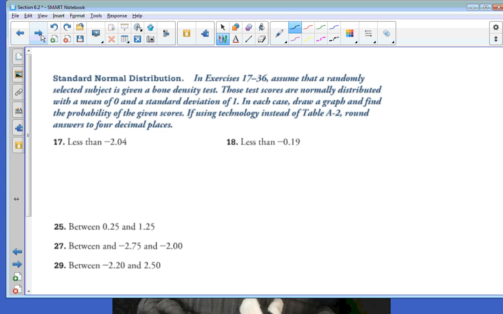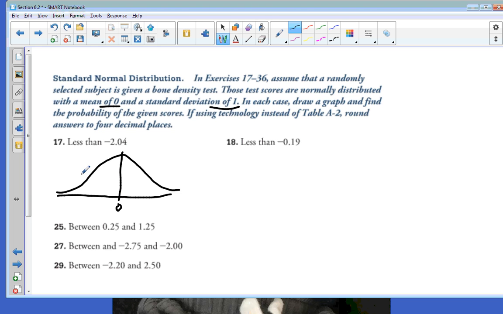So here are some examples, so we'll have some more practice. Here we're still using that mean of 0, a standard deviation of 1. We're going to draw a graph and find the probability of the given scores. So here we have less than negative 2.04. There's my graph, 0.